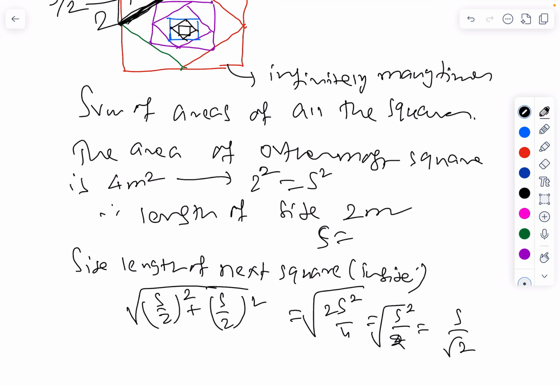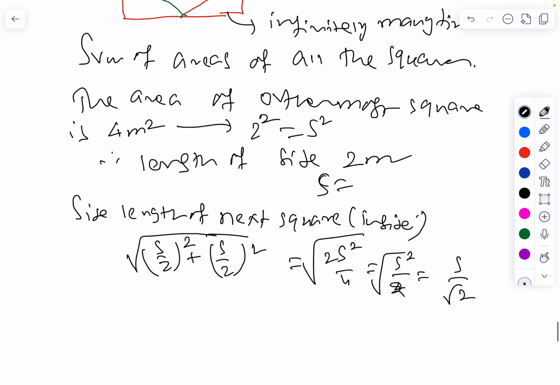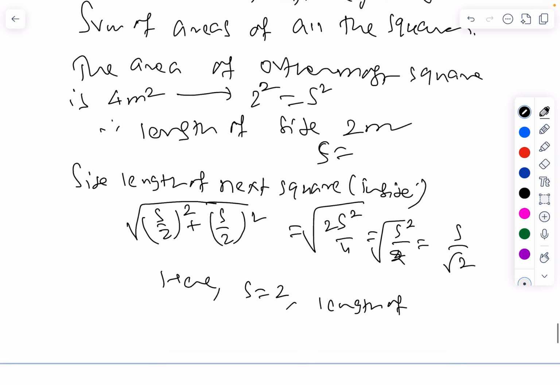In our case, S is 2. So the length of the square inside is 2 by root 2, which is root 2.